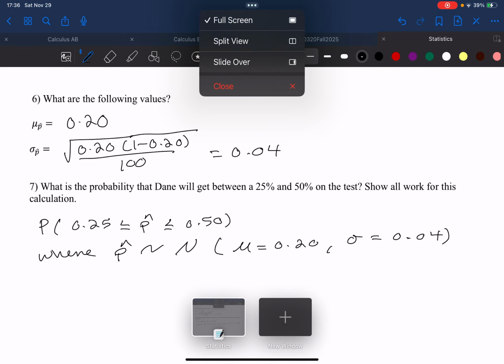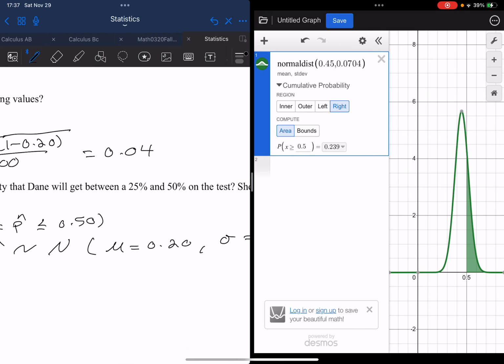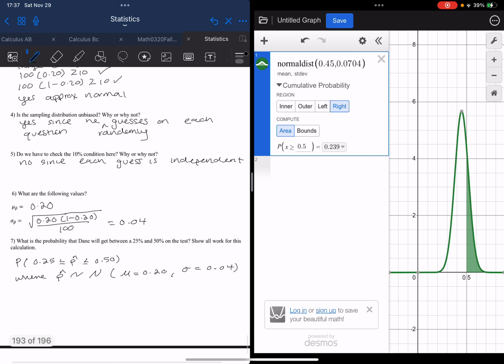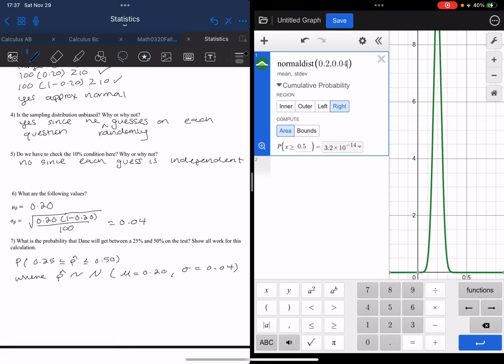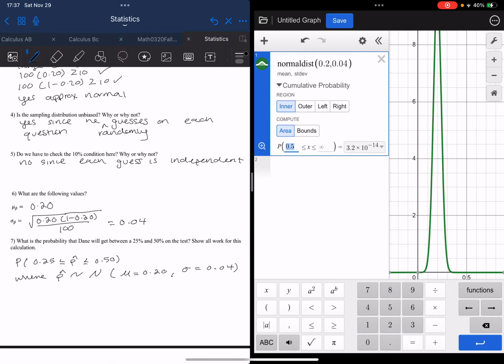Okay, so I'm going to go back to Desmos. I'm going to put in these new distribution numbers here. So 0.2, 0.04. Inner, because we're between two values, and it's going to be 0.25 and 0.5.